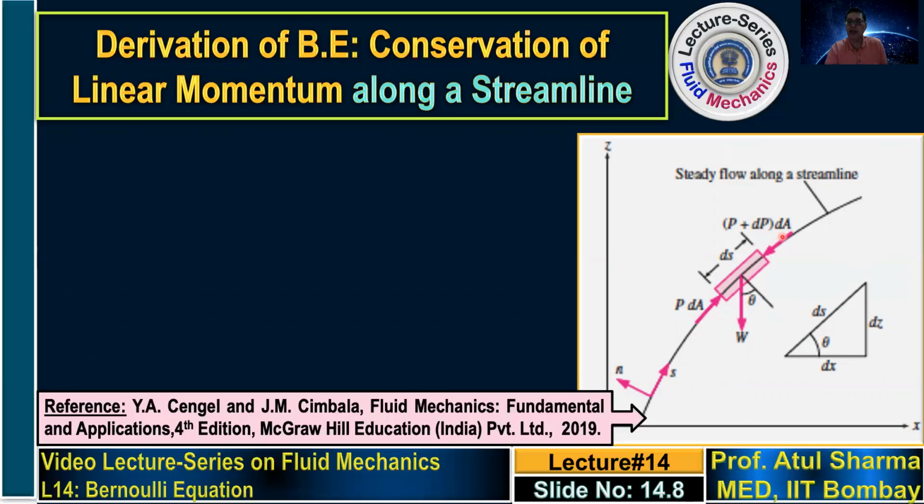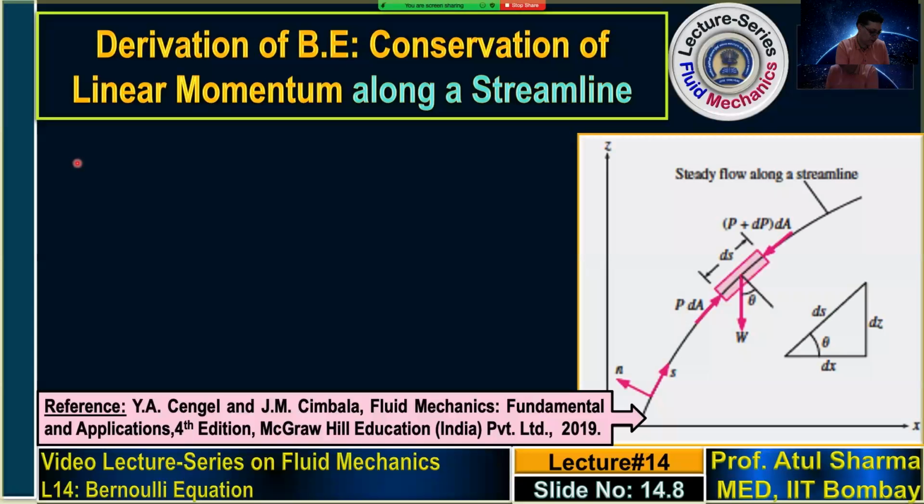So if you apply Newton's second law of motion along the s direction, the mass of the control volume is given by density into volume, which is ds into dA.